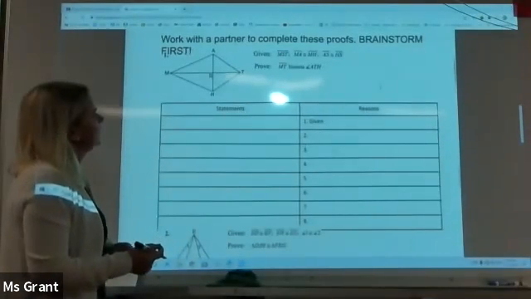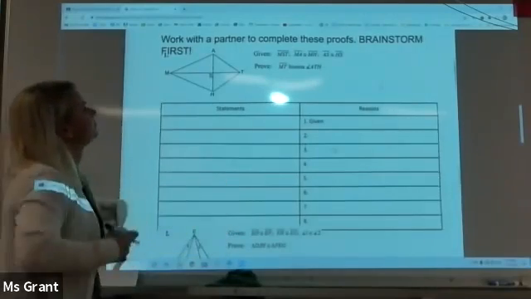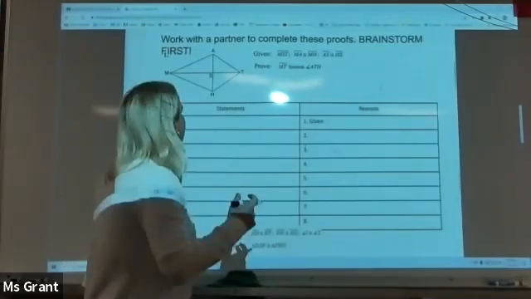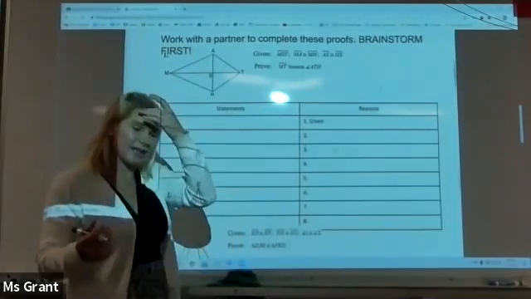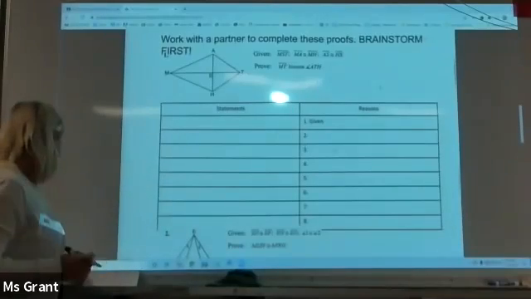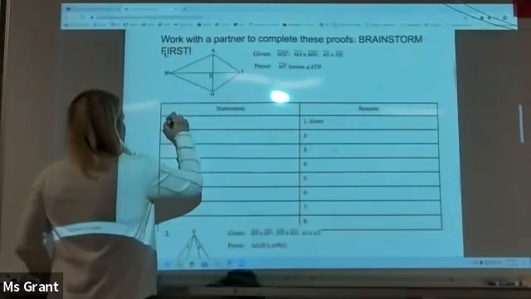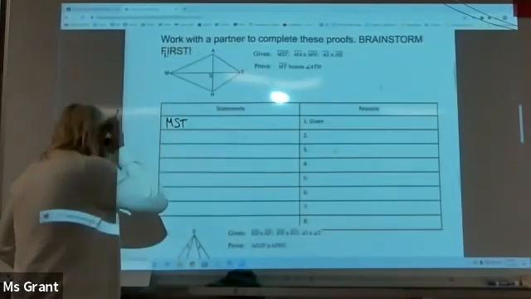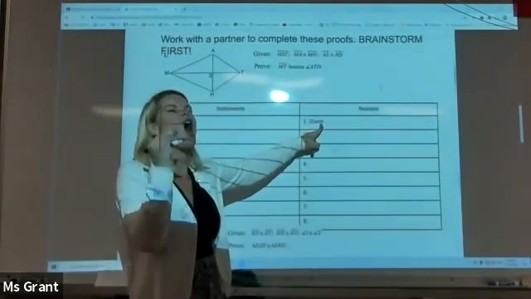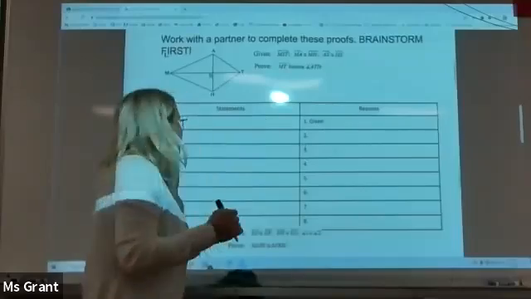MST. What that means is that MST is a given line. Obviously you can tell though that it's going to be a reflexive property maybe somehow because it's shared. As you can tell, you guys, if given is there on number 1, all of the given must be written on line 1.